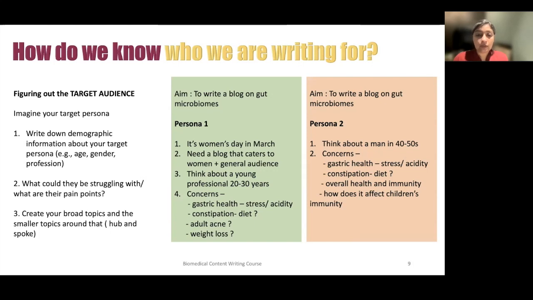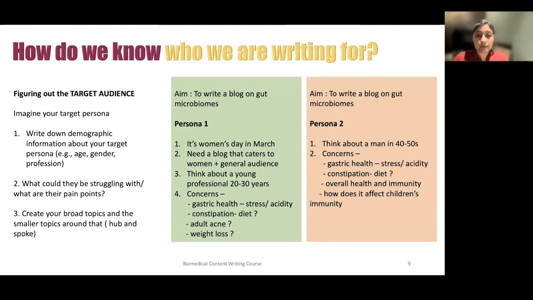For example, a large-scale laboratory would be writing their blog to attract consumers, yes, but they would also be looking to attract tie-ups with other organizations, with other corporates, with a hospital. So they're also writing for doctors, they're also writing for scientists, right? So their content would be both.